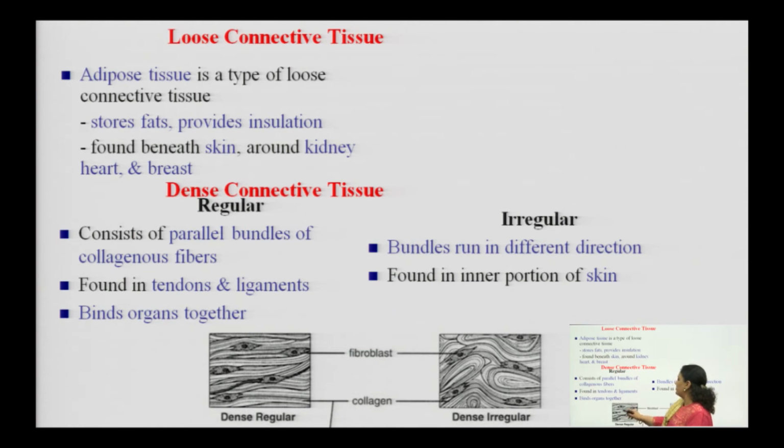Here you will see the fibrils are arranged in a systematic parallel manner, and inside this the fibroblasts are located, both in dense regular and dense irregular connective tissue. Apart from blast cells, there are collagenous tissues also there.